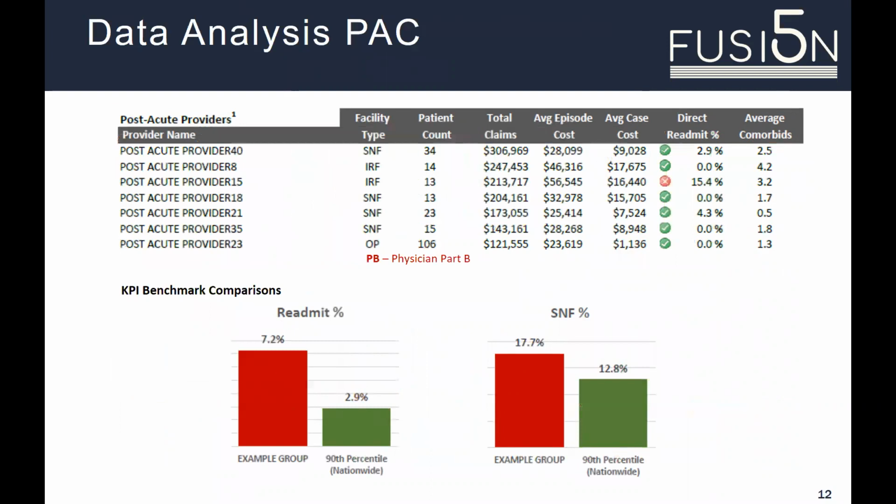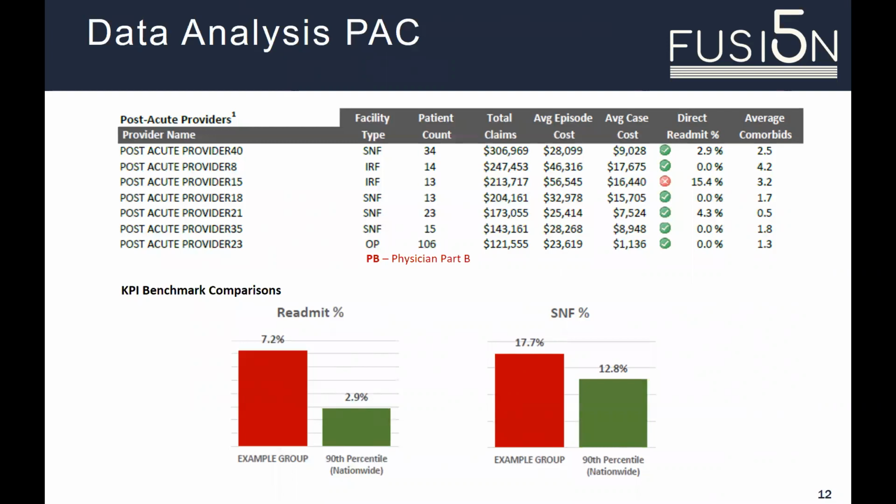Now, if you take a look at this report, what this does is it lists out all the different post-acute providers that this clinic used over the course of this 2016 period. Again, these are blinded, says post-acute provider 40, but your report would have the actual facility names there. And then you see the facility type, so it's a skilled nursing and then inpatient rehab, skilled nursing, all the way down to outpatient therapy.